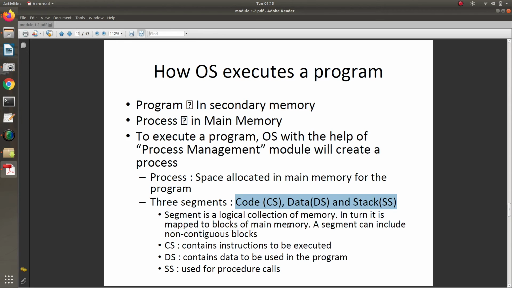The code segment contains the instructions, the data segment contains the data used in the program, and the stack segment is used for procedure calls. As you know, in any program the function calls are handled by the stack segment. To perform function calls, we require the stack segment. So any process has these three segments.